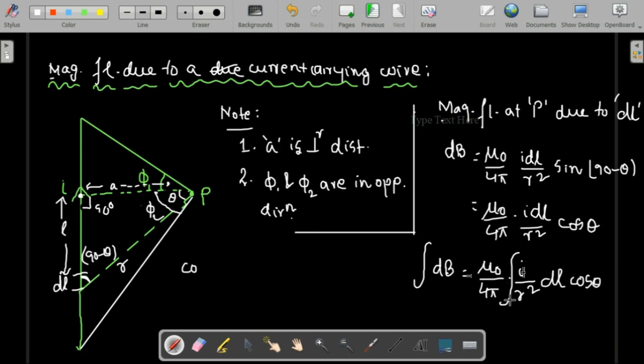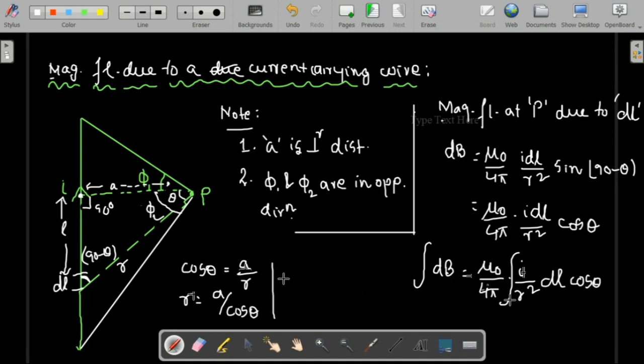So first thing, what is cos theta? Base by hypotenuse. Base here is a in this particular triangle, and hypotenuse is r. So cos theta is a by r. That means from here we know what r is as well, a divided by cos of theta. We can also find out what dl is from this.